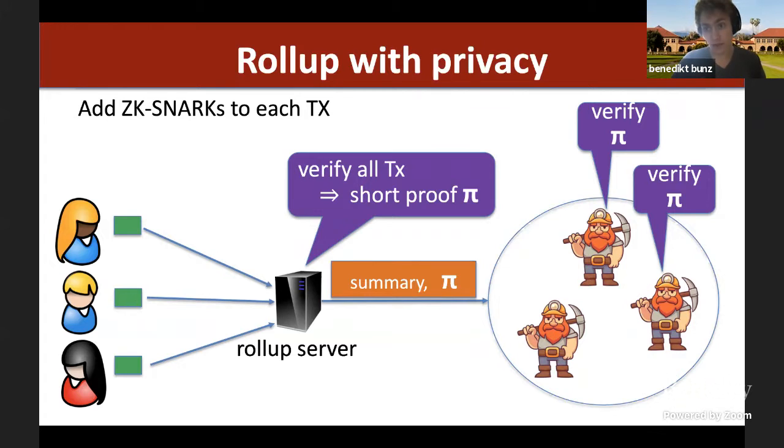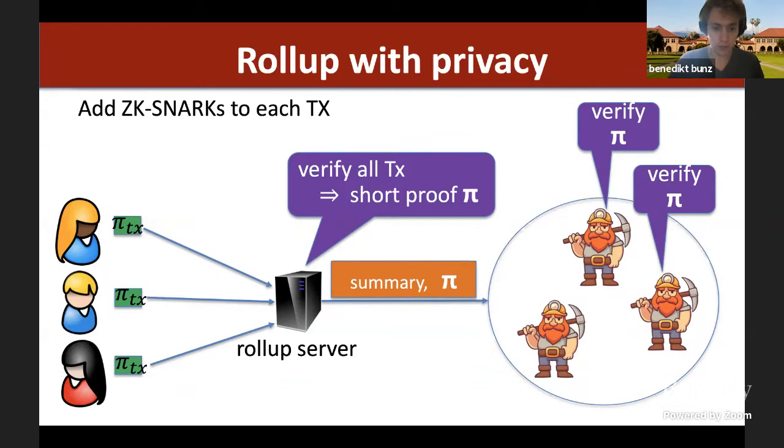But the problem is now that verifying transactions actually involves checking snarks themselves. So a classical way to achieve this is by using recursive snarks. The Rollup server would produce a snark that asserts that all of the transaction snarks are in fact valid.